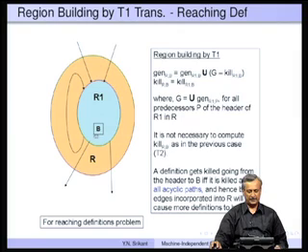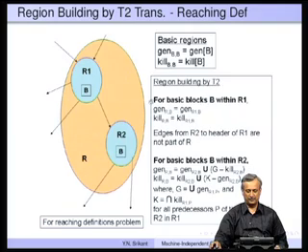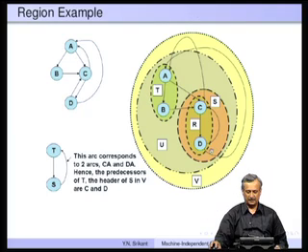Therefore, we need to look at all the predecessors of this particular edge. This is a compound edge. So, there may be many predecessors corresponding to this compound edge. Look at all of them. So, to give you an example here, in this region we had a self loop. So, these two edges corresponded to a single compound edge.